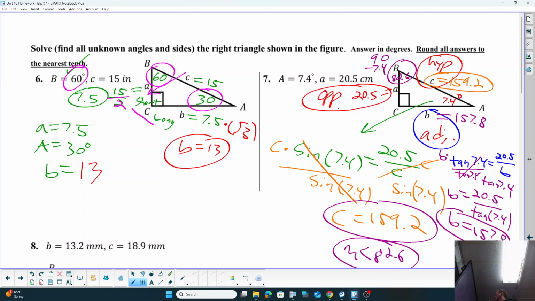And then going from the short leg to the long leg, you can take 15 over 2 and times it by radical 3. Then you say the answer in degrees and round to the nearest tenth. So that's how we got 13, as well as 15 divided by 2 is 7.5. Cool.